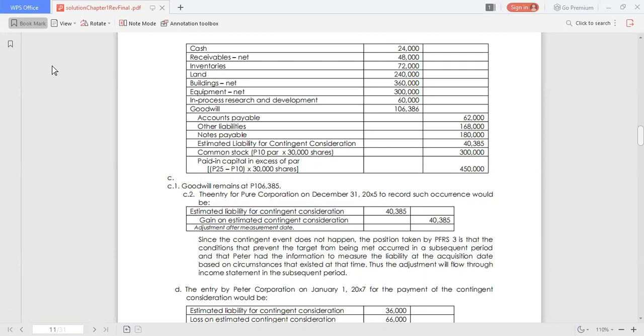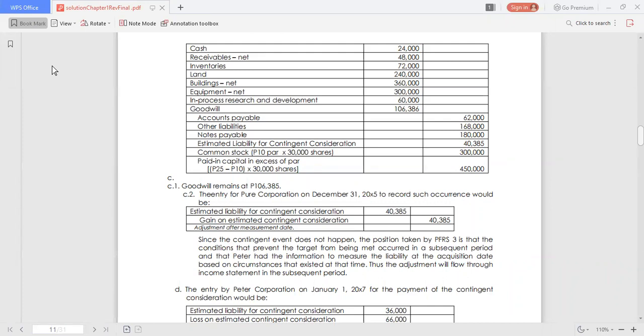Since the contingent event does not happen, the position taken by PFRS 3 is that the conditions that prevent the target from being met occurred in a subsequent period, and that the acquirer had the information to measure the liability on the acquisition date based on circumstances that existed at that time. Thus, the adjustment will flow through the income statement in the subsequent period.